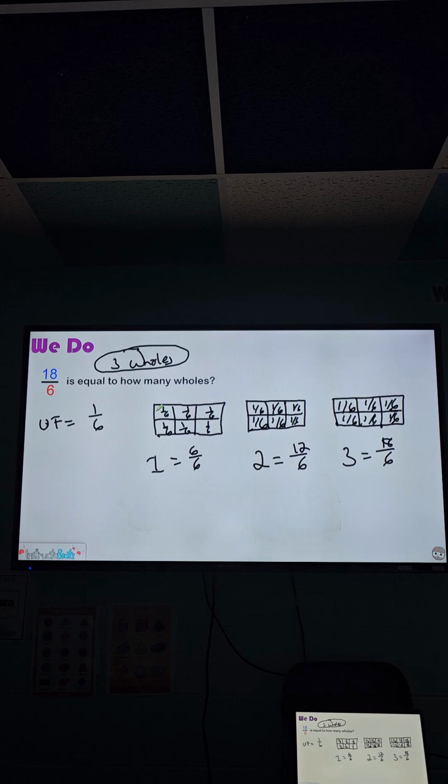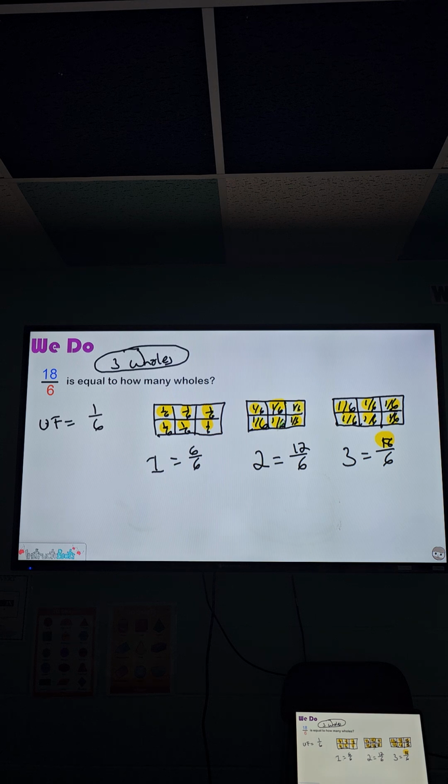How many unit fractions did I need to build those 3 wholes? I had 1, 2, 3, 4, 5, 6, 7, 8, 9, 10, 11, 12, 13, 14, 15, 16, 17, 18. That's why my numerator is 18, because it tells you how many unit fractions you need to build the fraction you're talking about. And some of you might be confused why the denominator is only 6 when you see 18 total pieces.